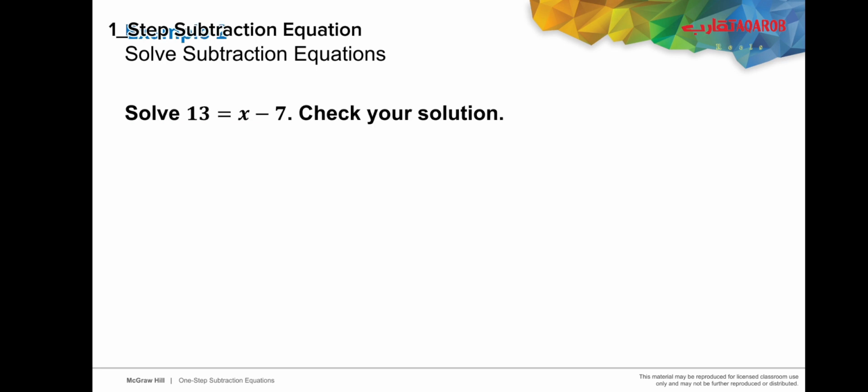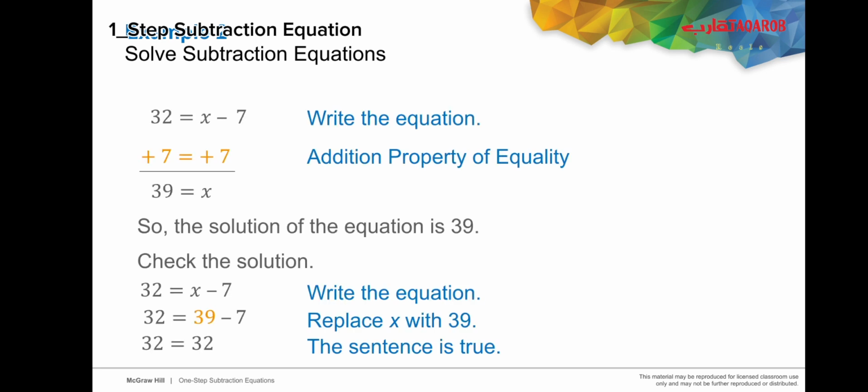For example, solve 13 equals x minus 7 and check your solution. As you can see here, what's the operation? It's subtraction. Since it's subtraction, I do the inverse operation, which is addition, so I add 7. This is the addition property of equality.